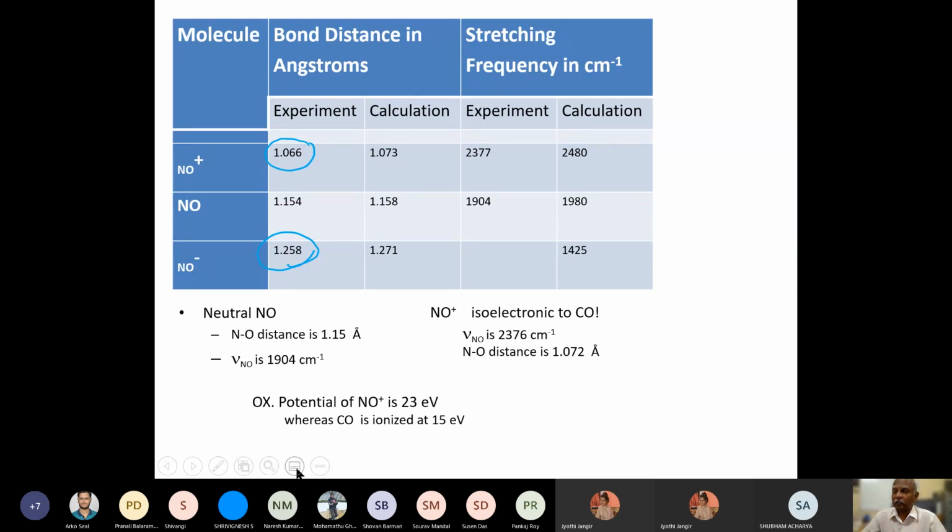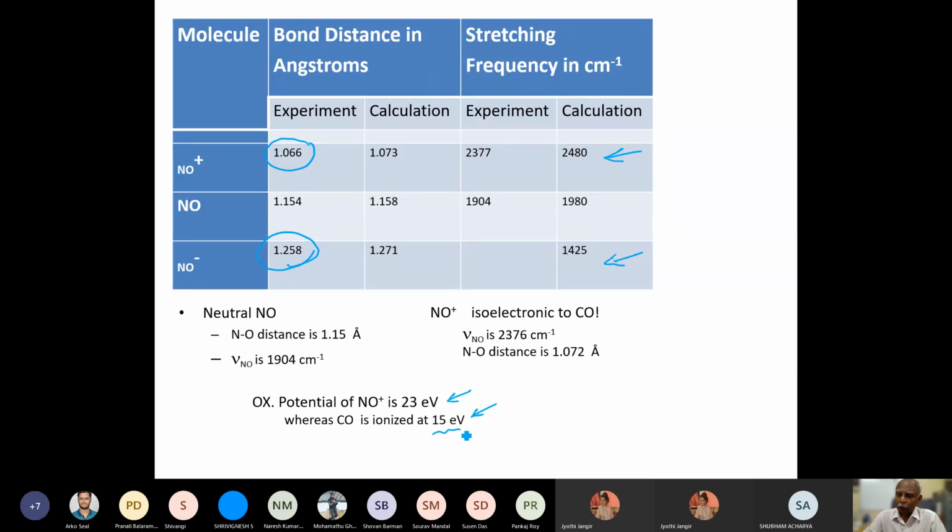Similarly, the stretching frequency is also consistent with what we have been saying. NO plus has got a larger stretching frequency. NO minus has got a lesser stretching frequency. Now, the oxidation potential of NO plus is 23 electron volt, whereas carbon monoxide is 15.